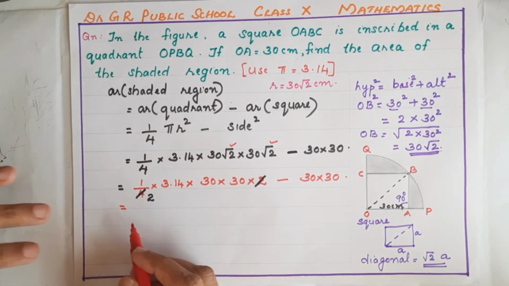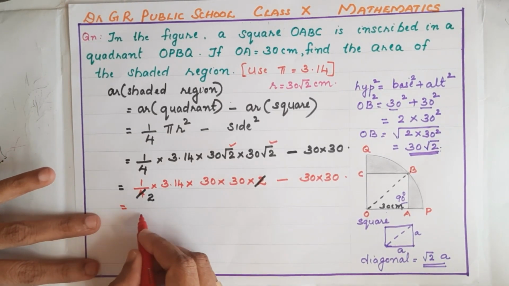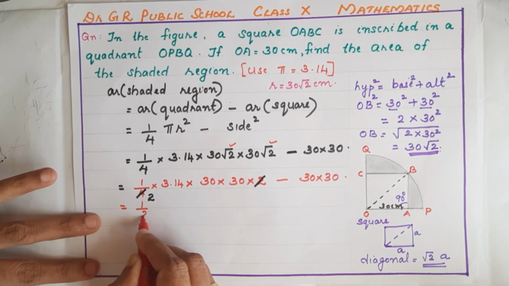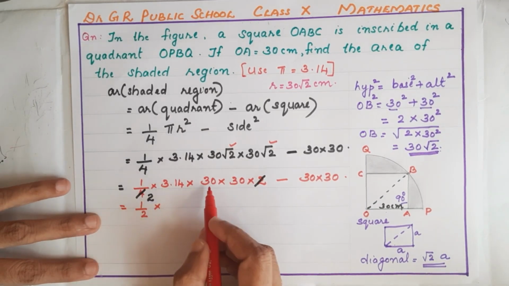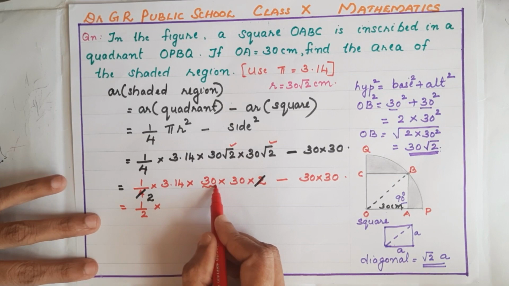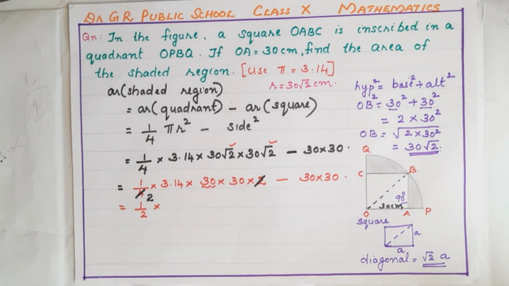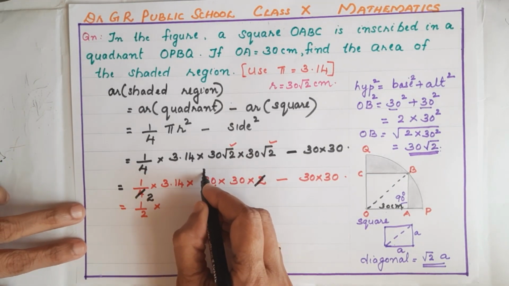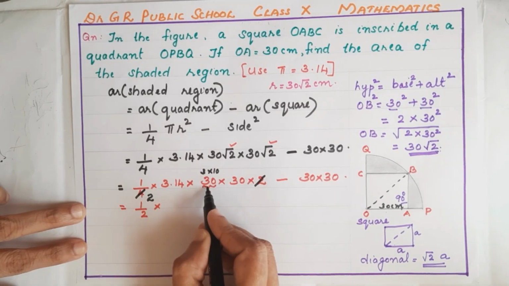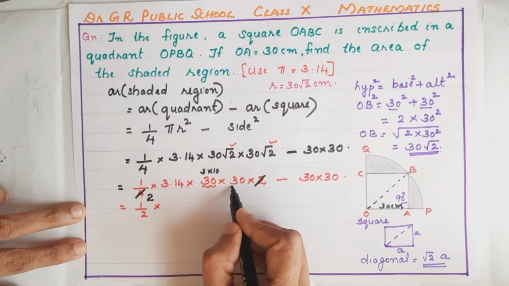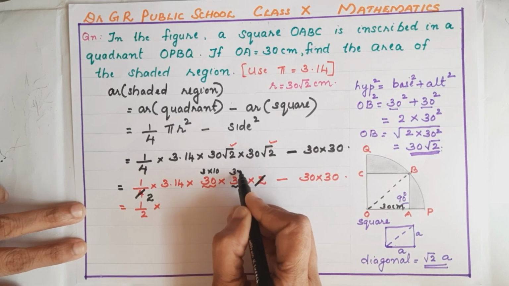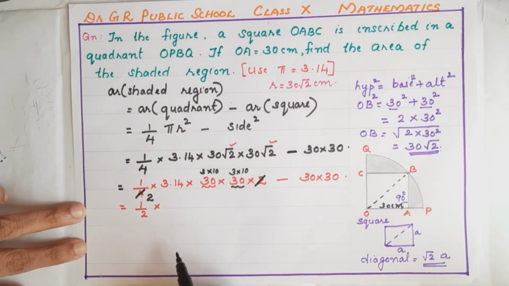Now I am not cancelling anything more. Just for easy calculation, here we have 1 by 2 into 3.14, and 30 can be split as 3 into 10. This 30 also can be written as 3 into 10.